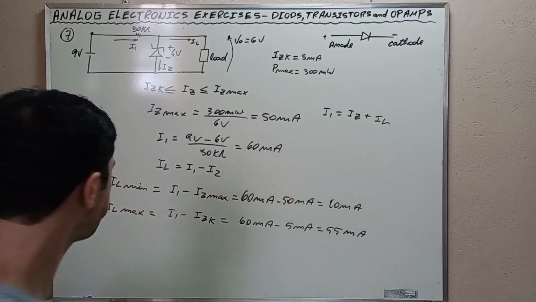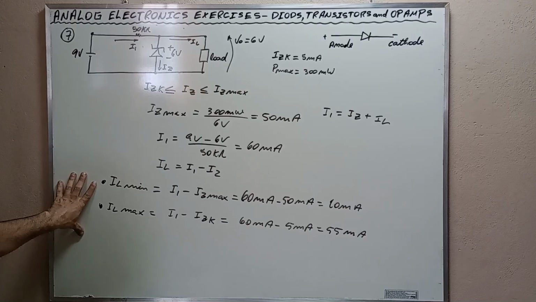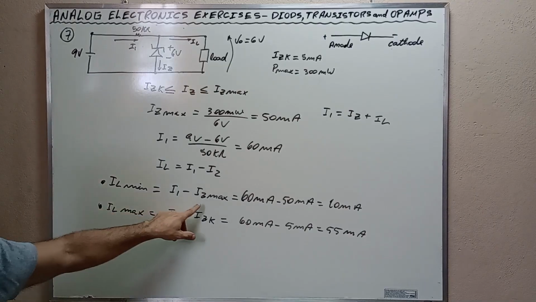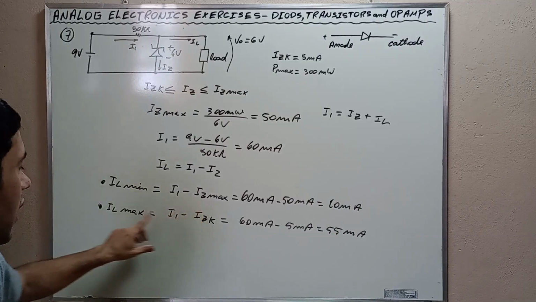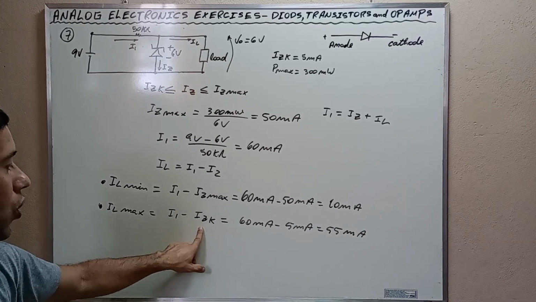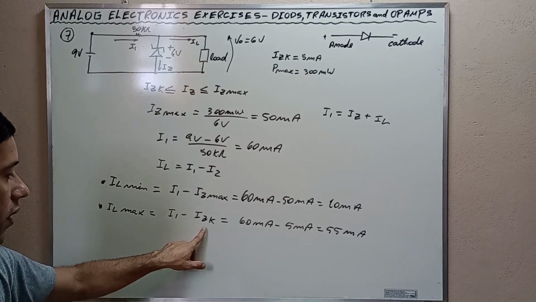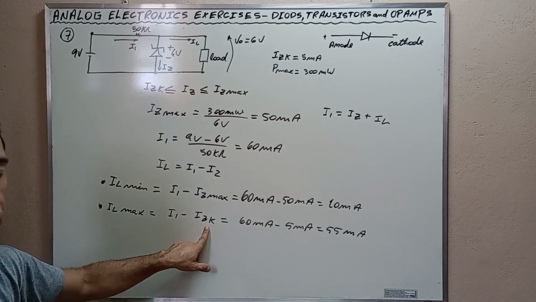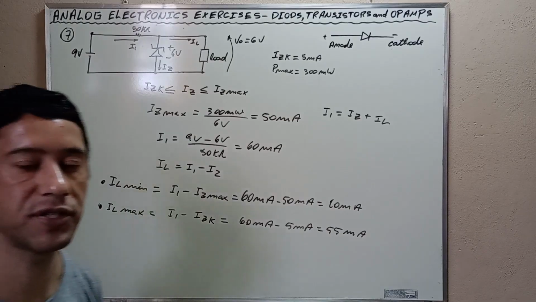Okay, my friends, the minimum value of the load current happens when the Zener current is maximum, and the maximum value of the load current occurs when the Zener current is minimum, which is equal to the breakdown current. And this is all for exercise number 7.